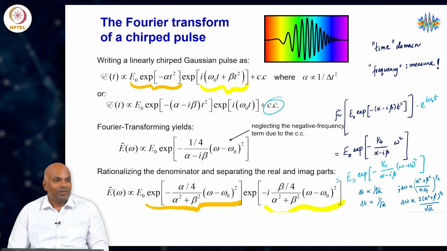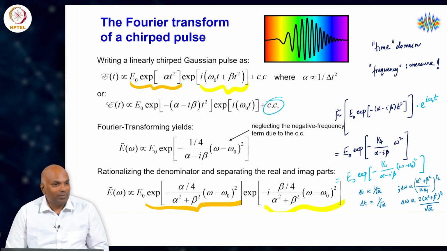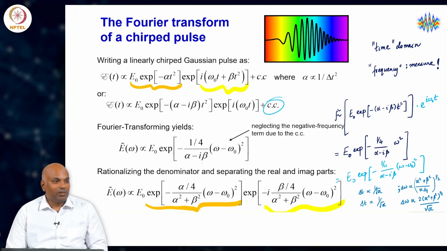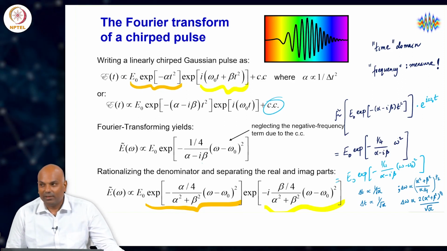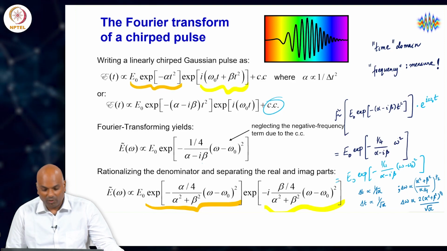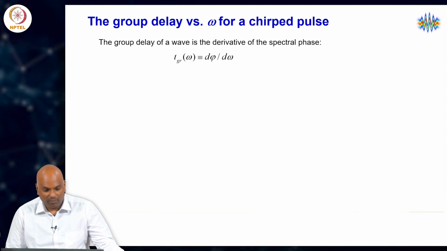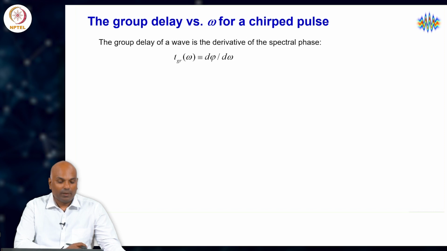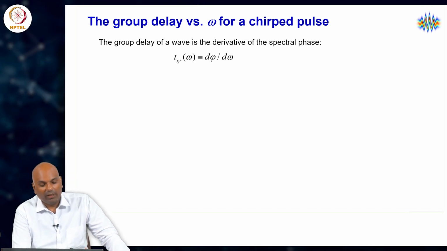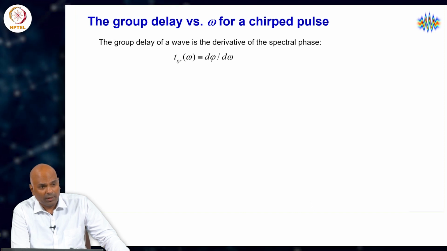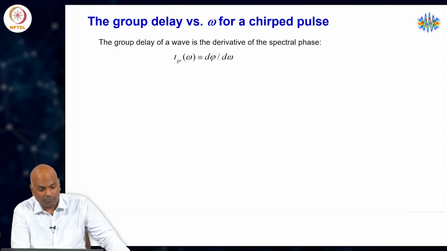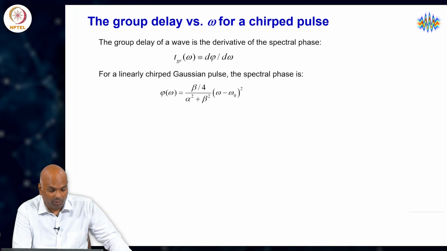Okay. So, does this now make you consider things that you know from physics? We will leave you at that thought and proceed a little bit further and look at now the group delay versus omega for a chirp pulse. We saw essentially something similar in the time domain.